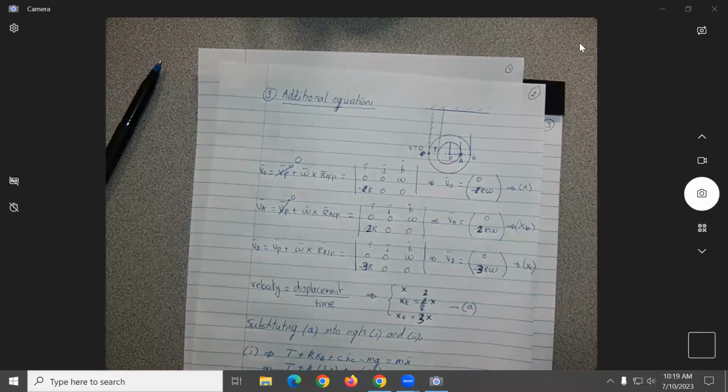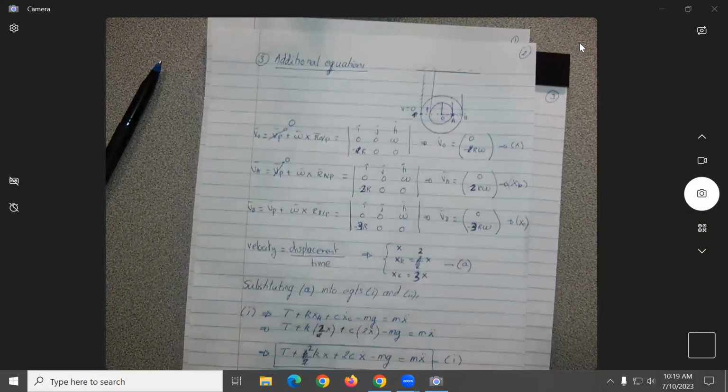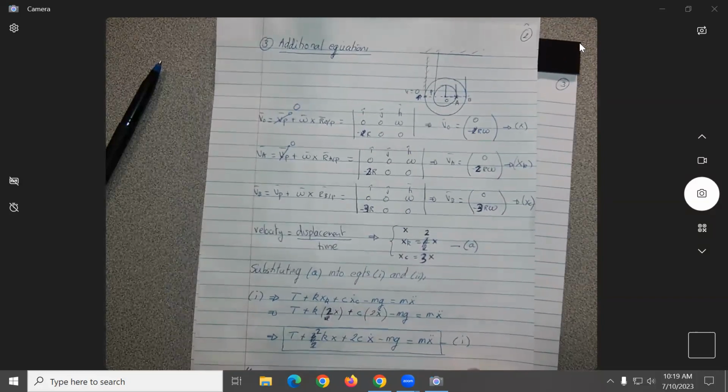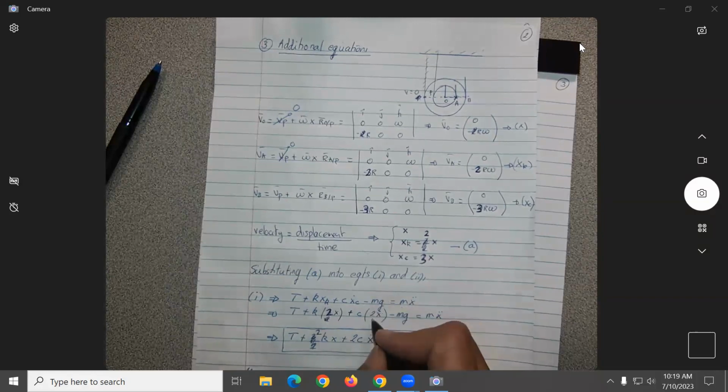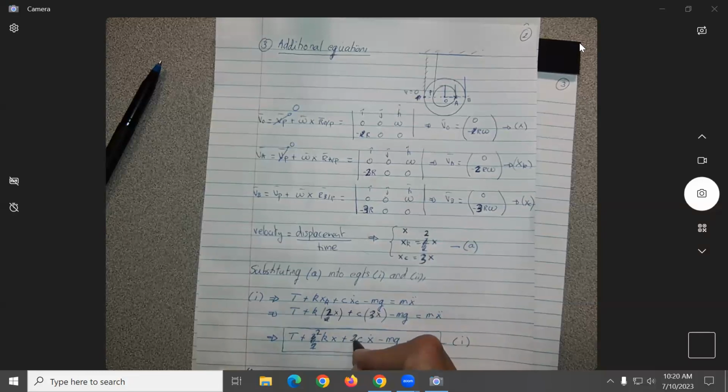This should be 2, no? Correct. So this should be over here 2. And instead of 2, this should be a 3. So this one becomes a 3.